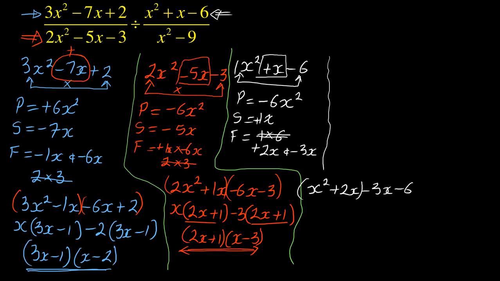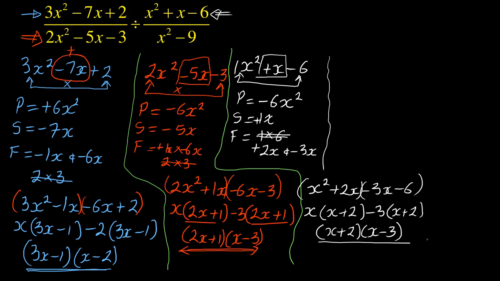Take the first 2 and the last 2. X is common in the first one, it is x plus 2, and then minus 3, which is x plus 2. So I will have x plus 2 and I will have x minus 3. So this is what I have.